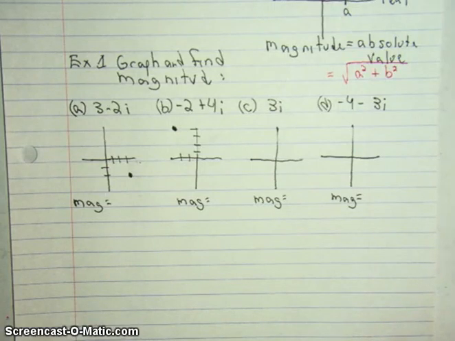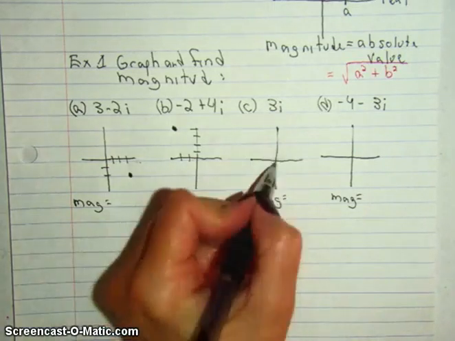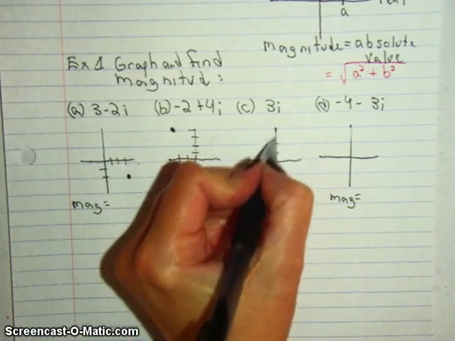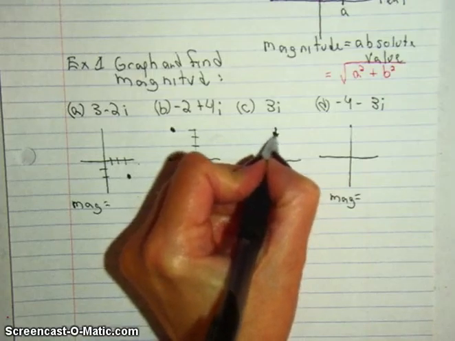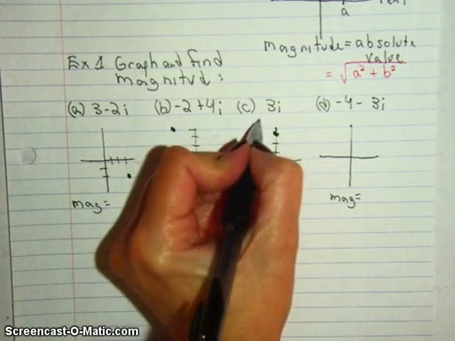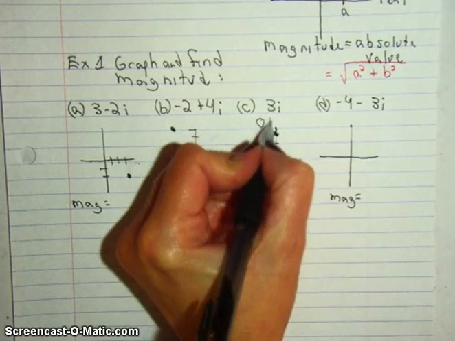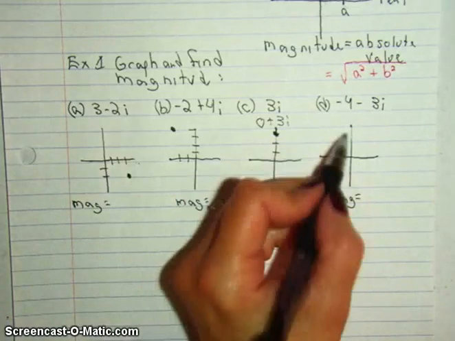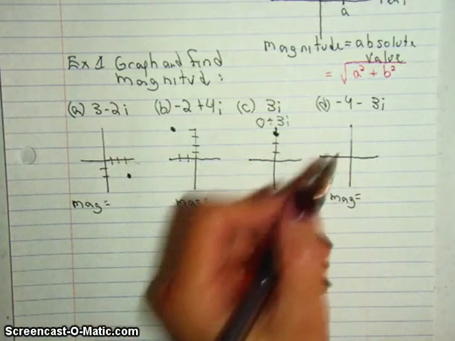Now, Miss Natalie, how do I graph 3i? You go 0 tick marks on the x-axis, or on the real axis. Yep. And then go 3 tick marks up. Excellent. What we could do is rewrite this as 0 plus 3i, which is fine. All right, Nat, how do I graph letter D?